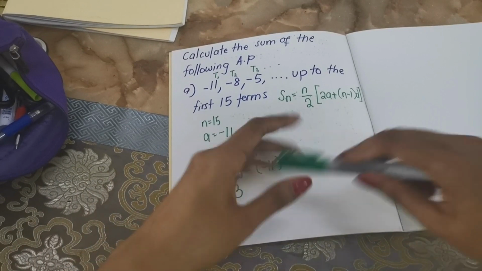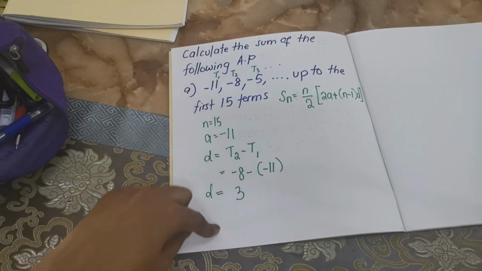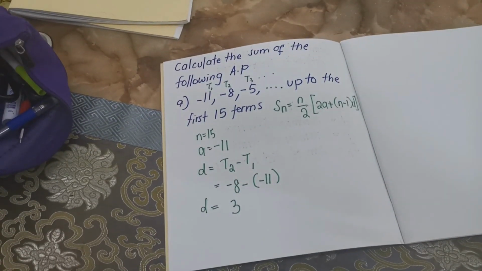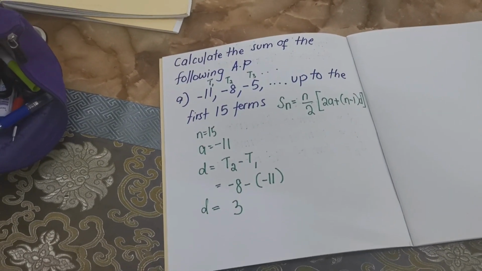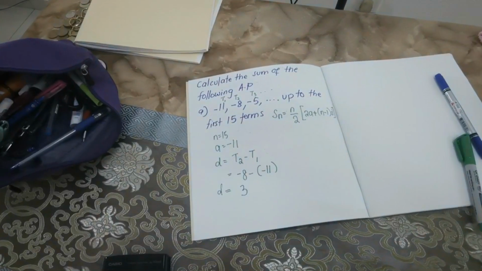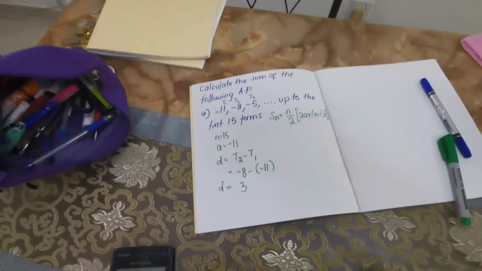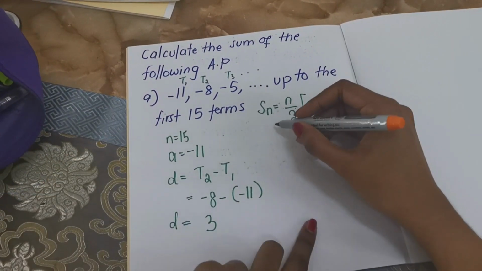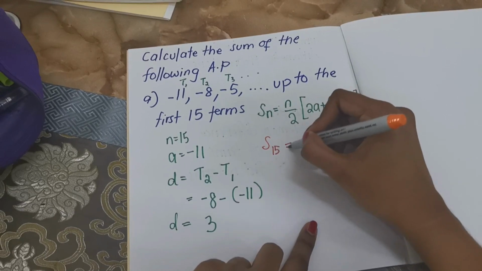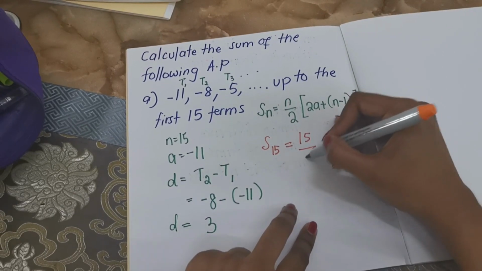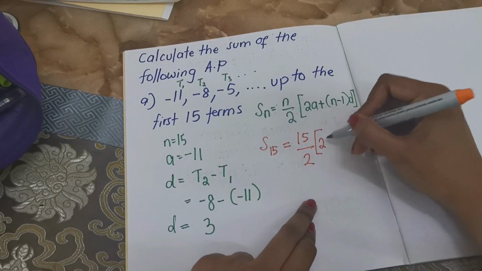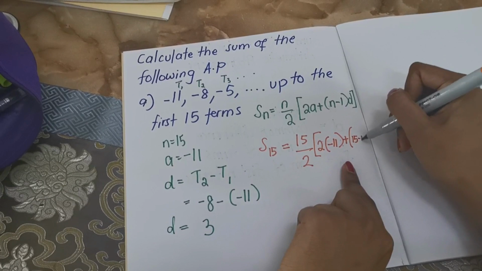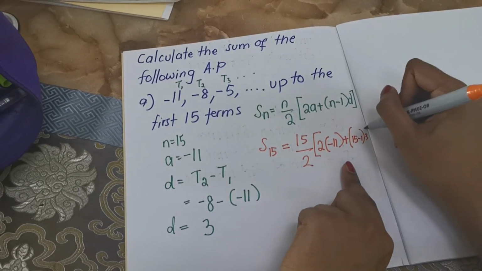Now we are going to substitute the values into the formula. Let me zoom in a little bit. You guys can let me know how it is. Okay, it's better. So the sum of 15 terms equals 15 over 2 times 2a, negative 11, plus 15 minus 1, d is 3.